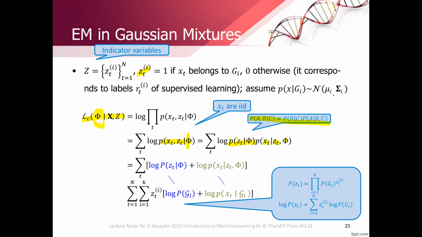This is logarithm of product. So this can be split: logarithm of the first term plus logarithm of the second term. And how to compute that? So for probability of assignment z_t based on the set of parameters of the model Phi. What are the parameters for the fuzzy C-means clustering? This capital Phi.